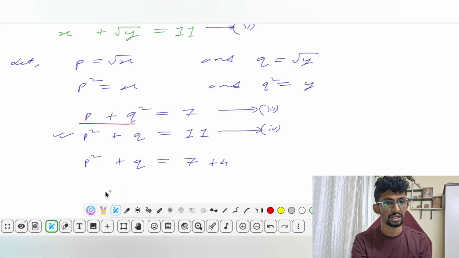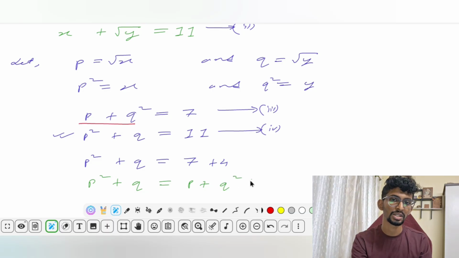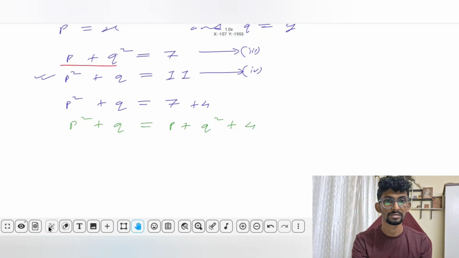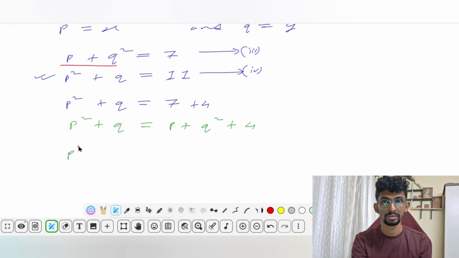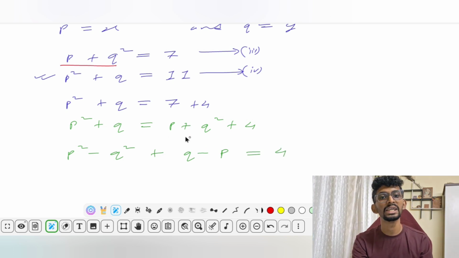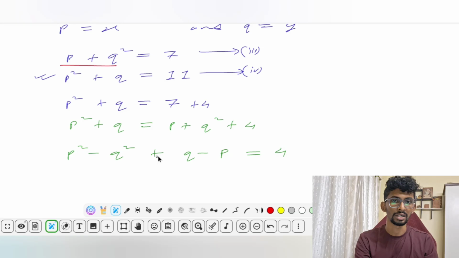So this will become p square plus q equals p plus q square plus 4. Now let us simplify this. So this will become p square minus q square plus q minus p equals 4. I have taken all the p and q on the left hand side.